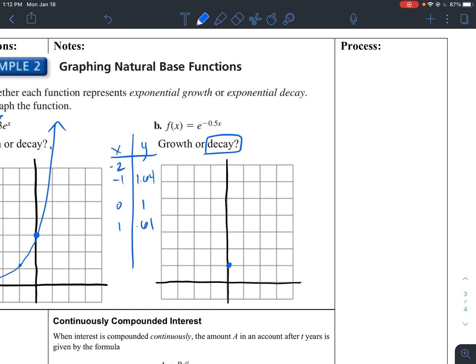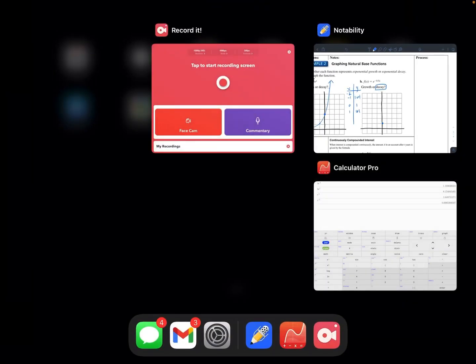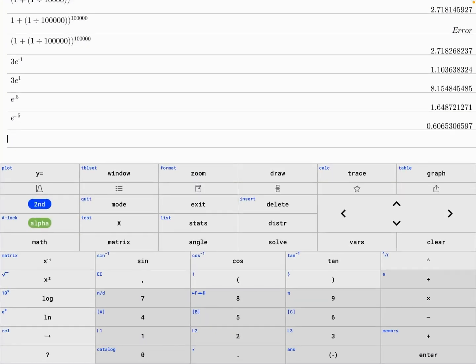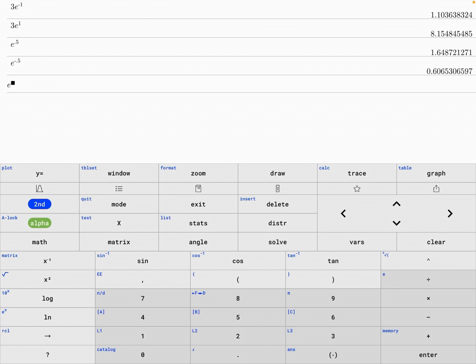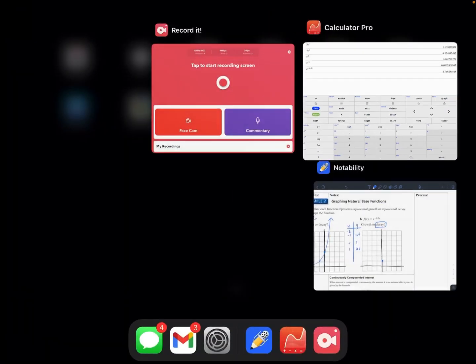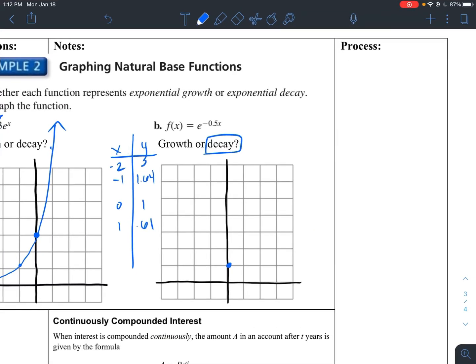Now let's try doing -2. So if I do e raised to the -0.5 times -2, enter, I get 2.718, which is just going to be e.